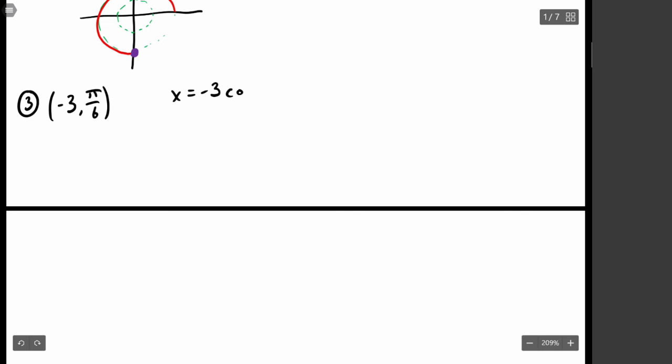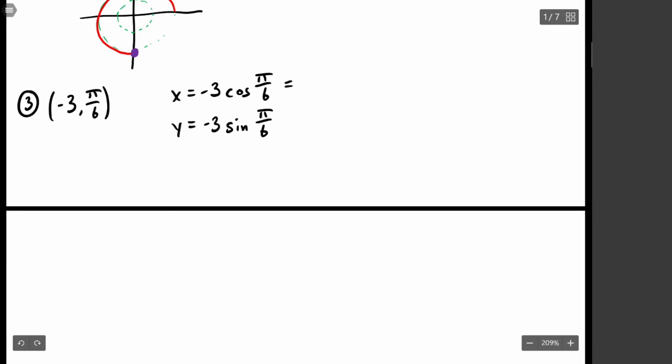Let's look at one more example: -3, pi over 6. Again, it's just plugging things in. So x will be -3 cosine of pi over 6, and y will be -3 sine of pi over 6.